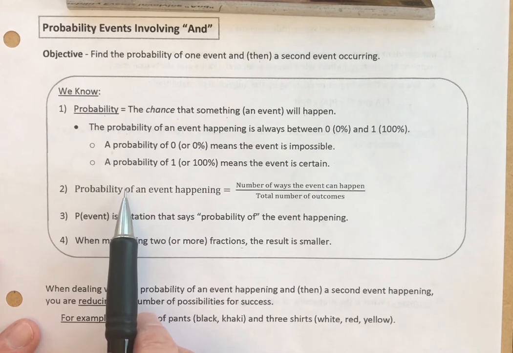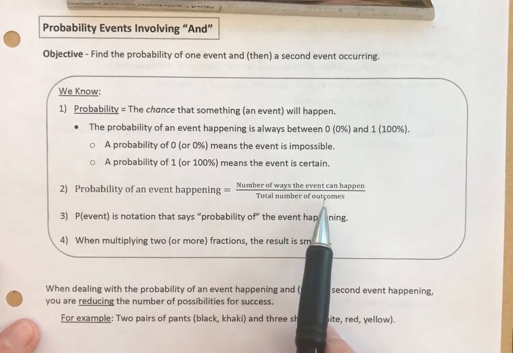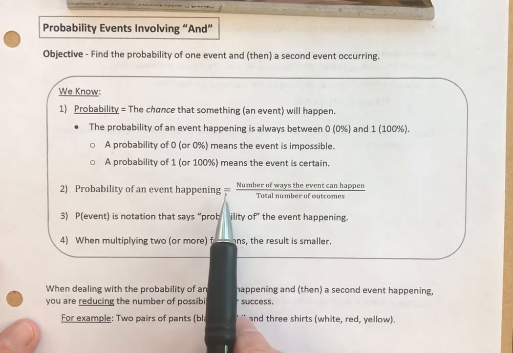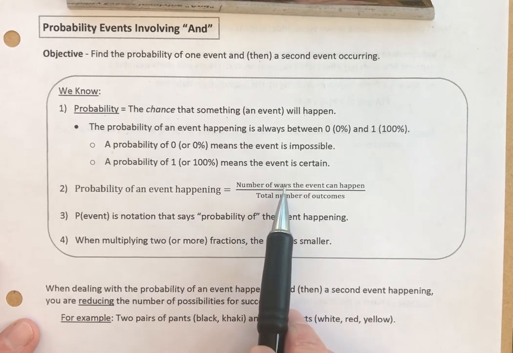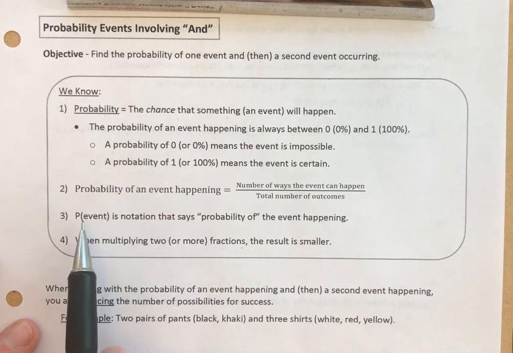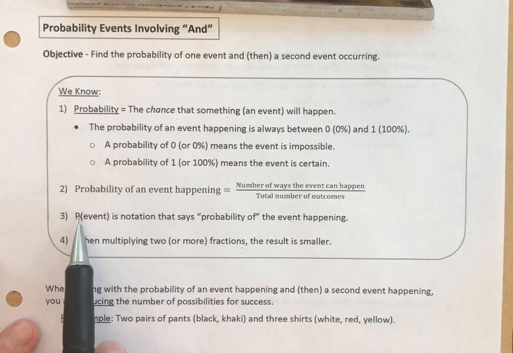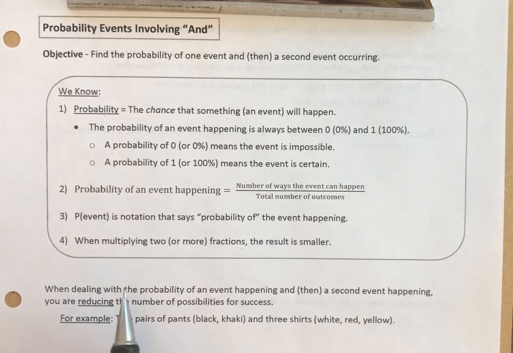We know how to find the probability of an event happening. The denominator is the total number of outcomes that are possible, and the numerator is the number of ways the event you're looking for can happen. And we know that the notation P, parentheses with the event inside, says the probability of the event happening.